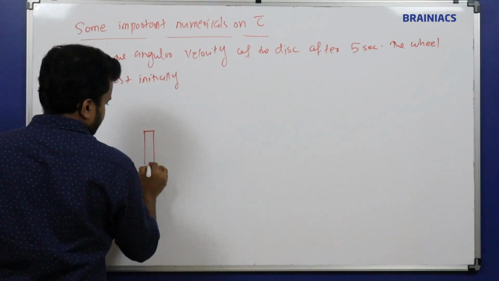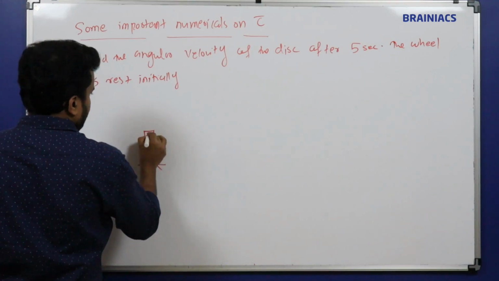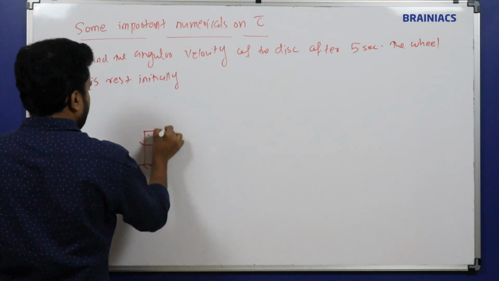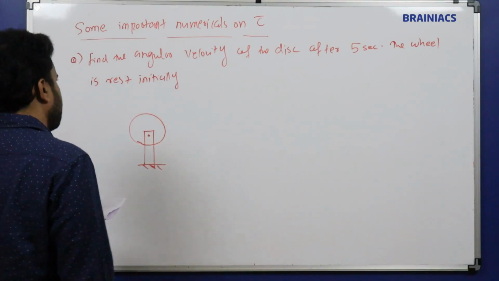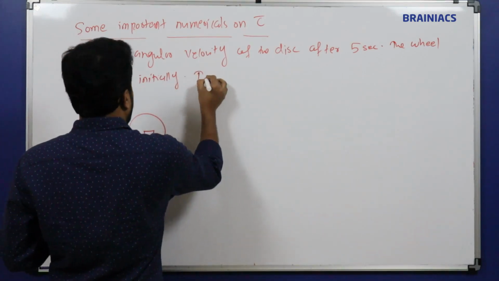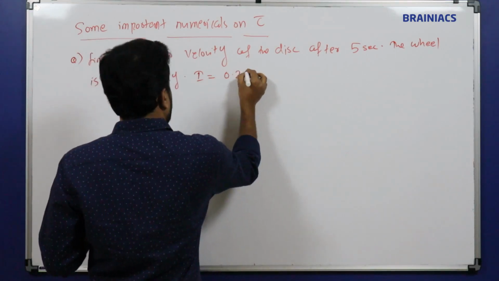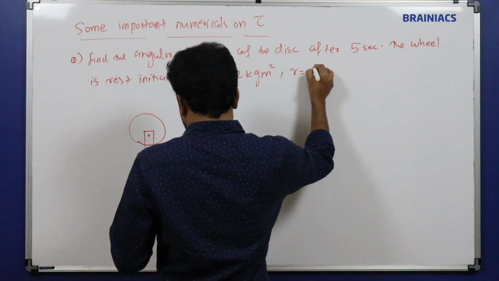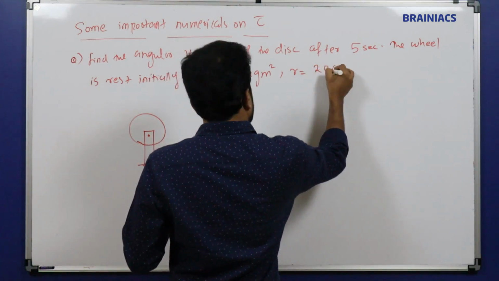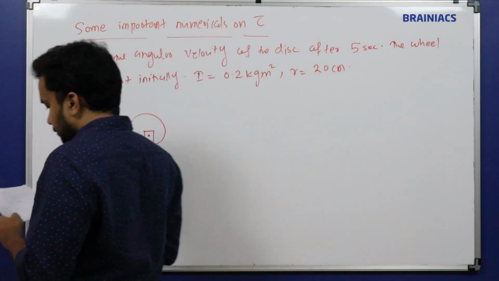This is a hinge, and with respect to the hinge, the disc is placed, and the disc is rotating along this axis. The parameters which are given: I is equal to 0.2 kilogram meter square moment of inertia, R is equal to 20 centimeters.